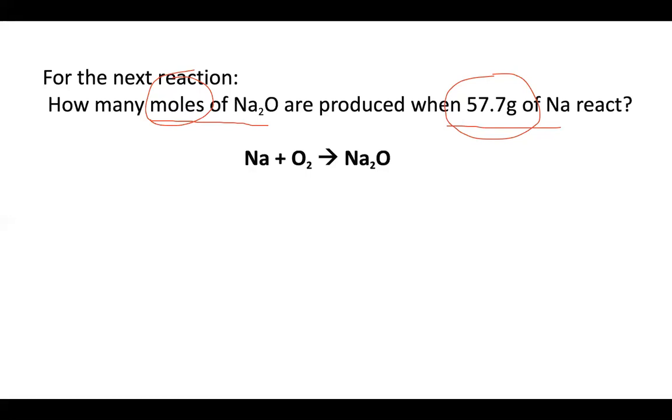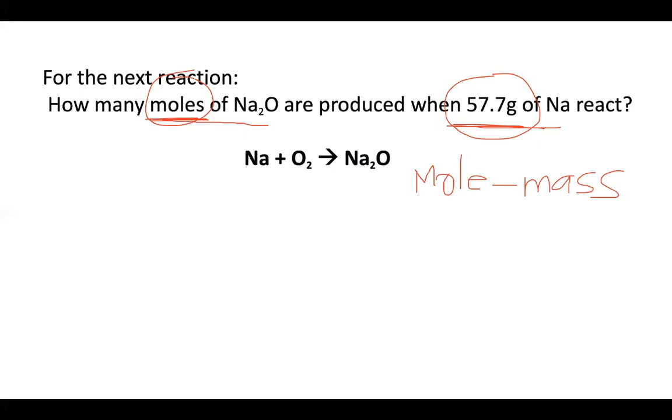So just by looking at this question, we have moles and grams, so this is a mole-mass problem. If we have a mole-mass problem or a mass-mole problem or a mass problem, we are going to solve it in the same form, which we are going to do in this video using the big box, okay?